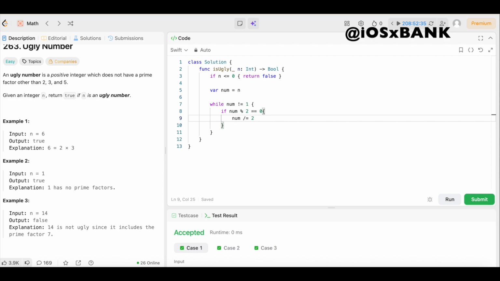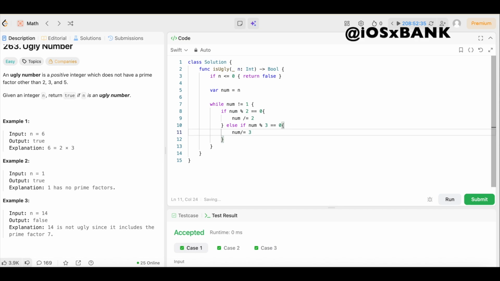Boom. Now otherwise, if it's divisible by 3, we're going to remove one factor of 3. So we'll come right here and say else if num mod 3 equals 0, meaning it's divisible by 3, then we'll say num divided by equals 3.